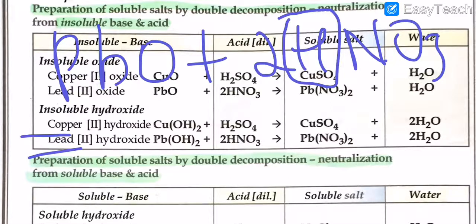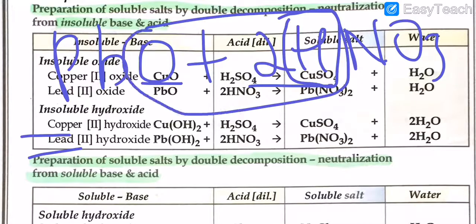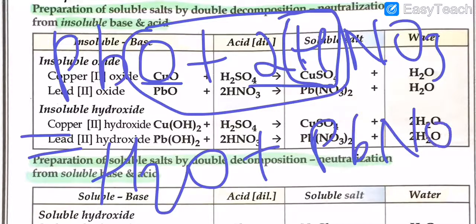Now, PbO plus 2HNO3. So clearly H2O. These two compounds come together because water is one of the products. So H2O comes, then what is left? Pb is left and NO3 is left. So clearly you have PbNO3. But see over here, oxygen is 3 into 2, 6.